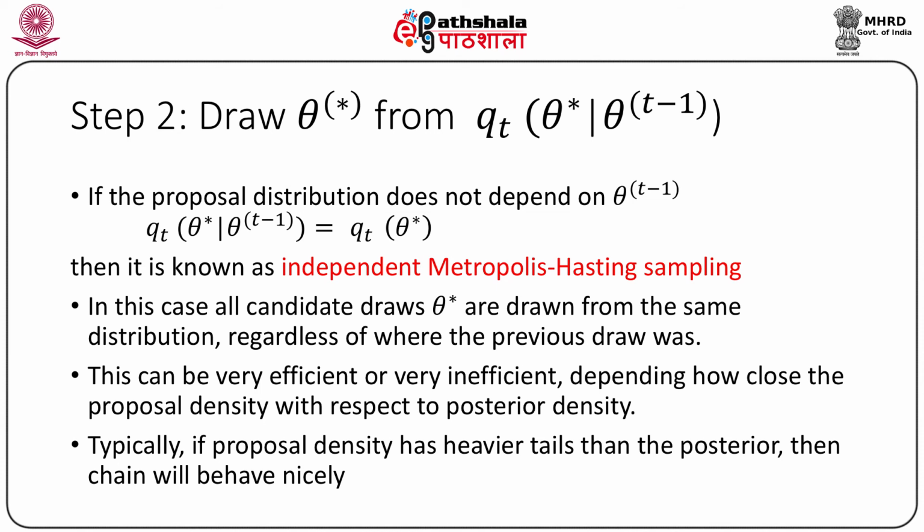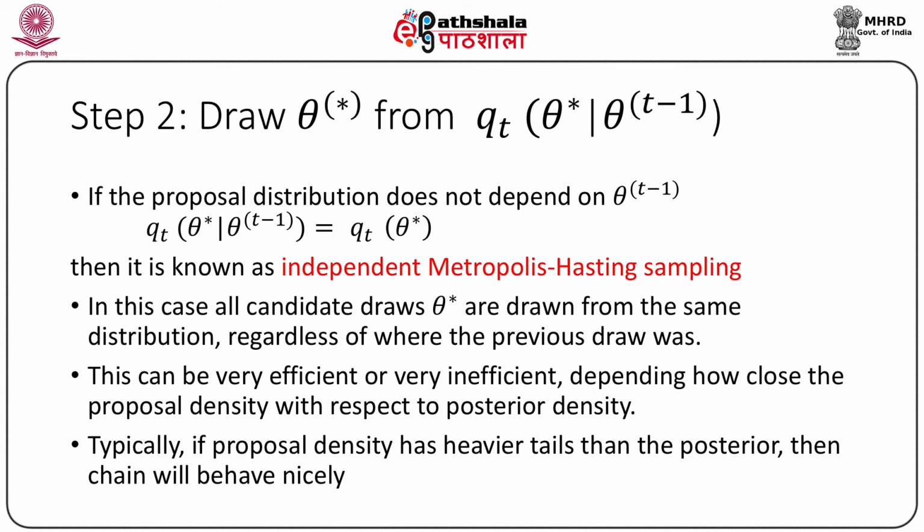Then it is known as independent Metropolis-Hastings sampling. In this case, all candidate draws theta star are drawn from the same distribution regardless of where the previous draw was.